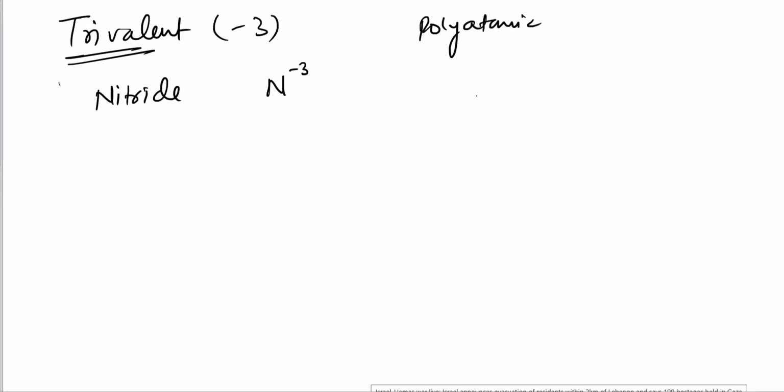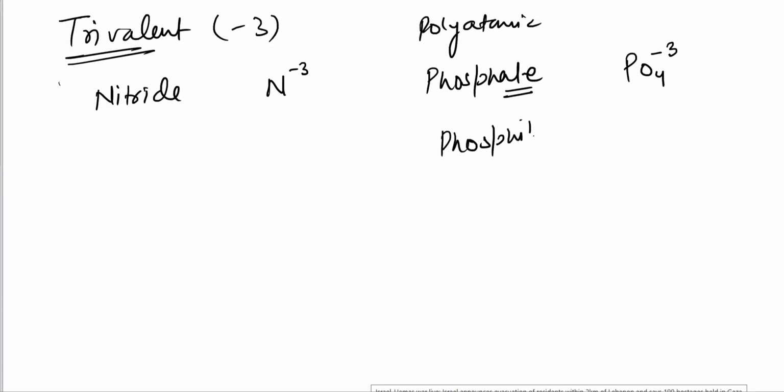Polyatomic, that is phosphate. ATE means 4 oxygens, -3 valency. And we have phosphite. Tell me what should be the formula of phosphite? If phosphate is going to have PO4, what is the formula of phosphite?